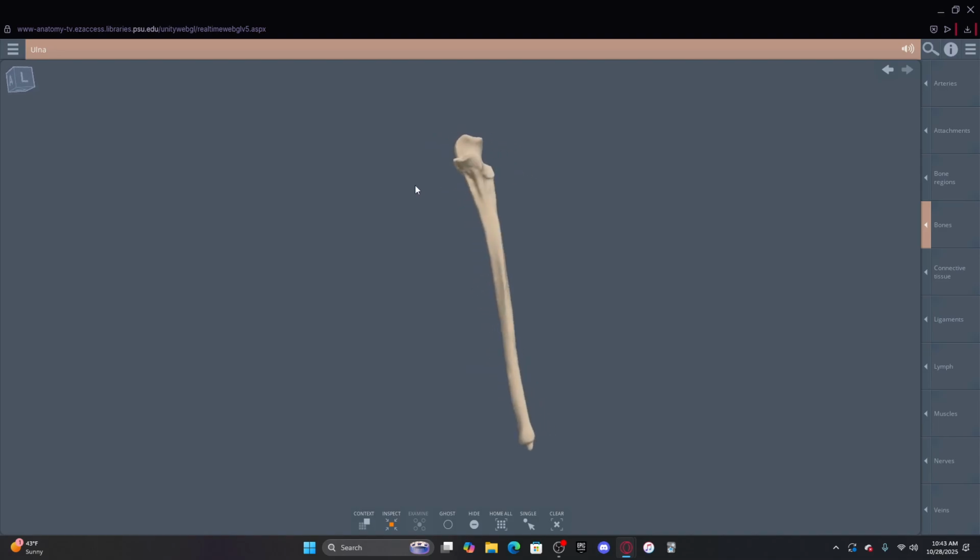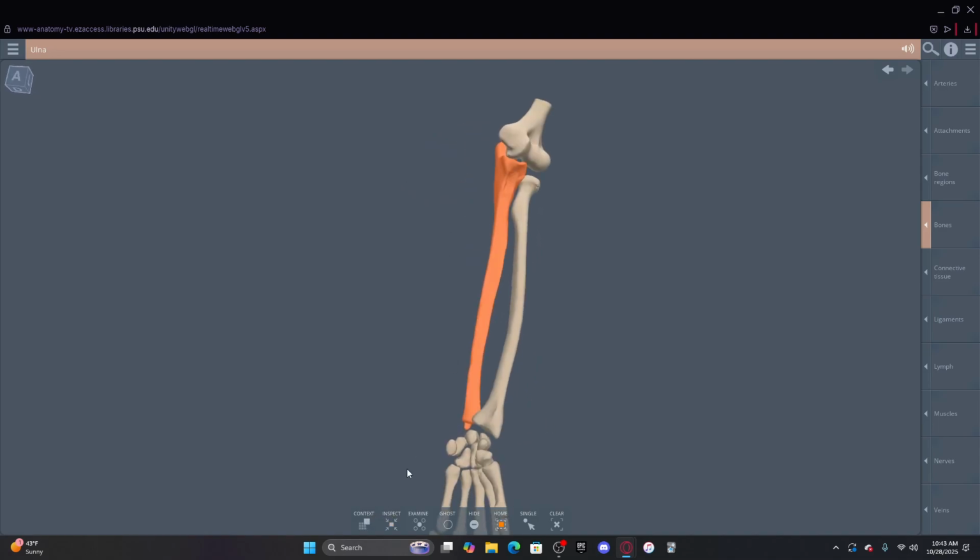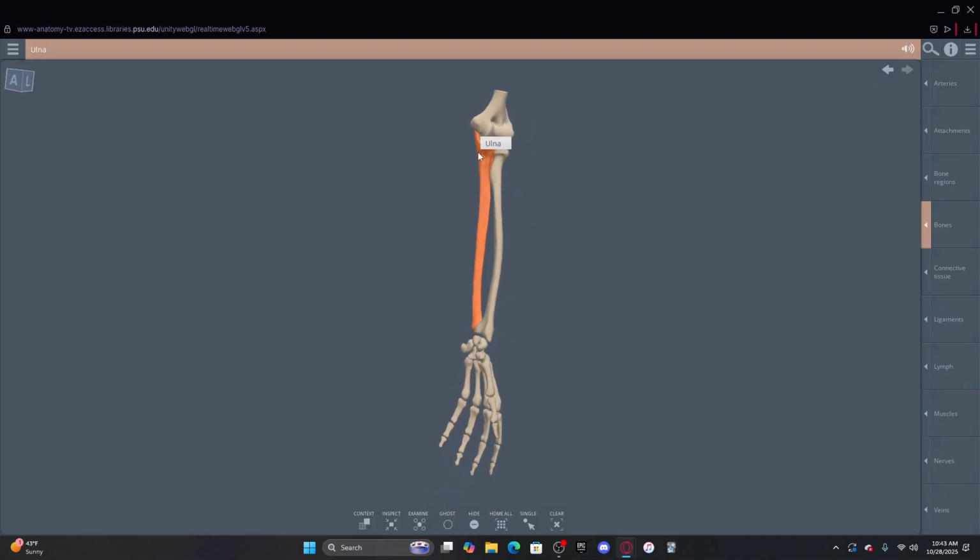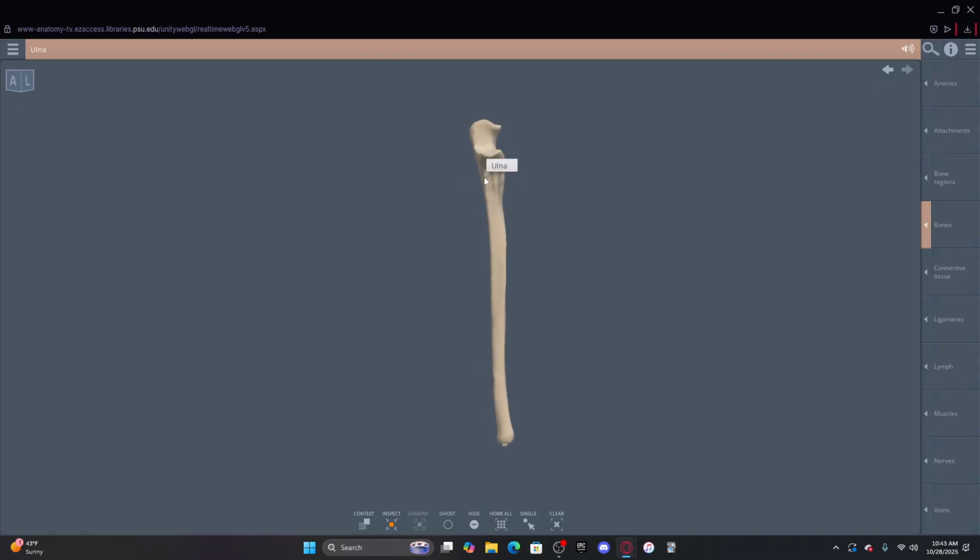And then we have our ulnar tuberosity. Right here, if I inspect again, this is our ulnar tuberosity. And then we have our styloid process of the ulna.